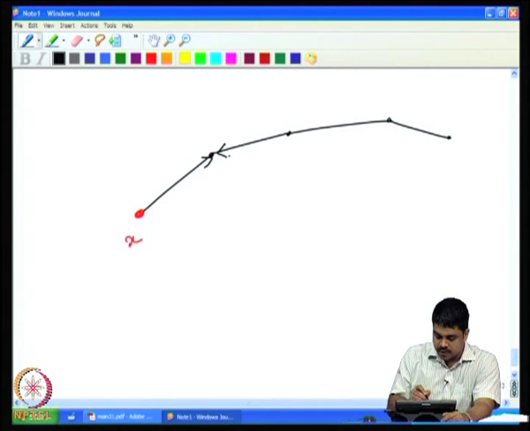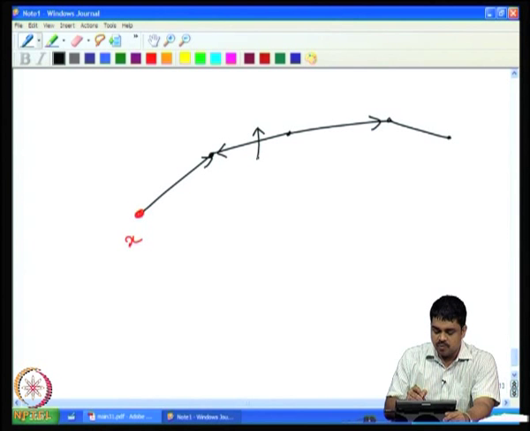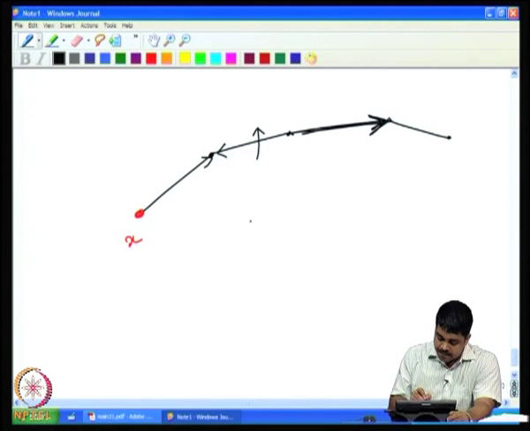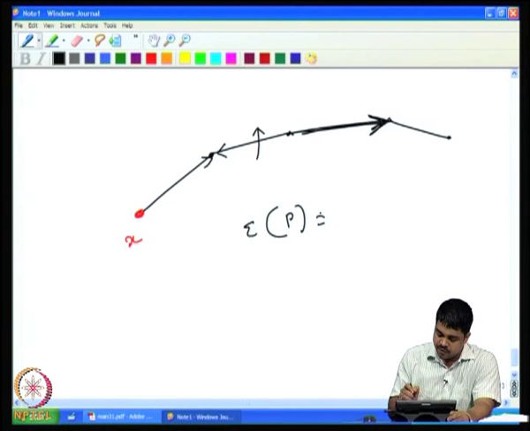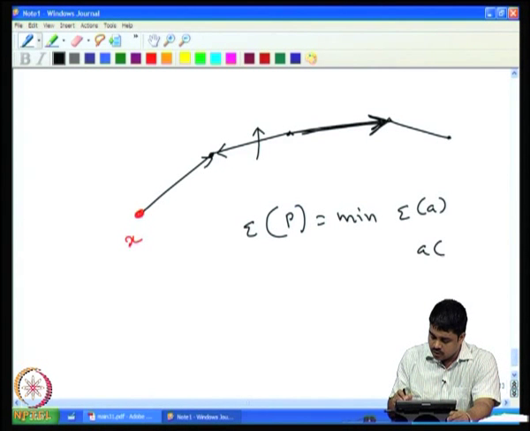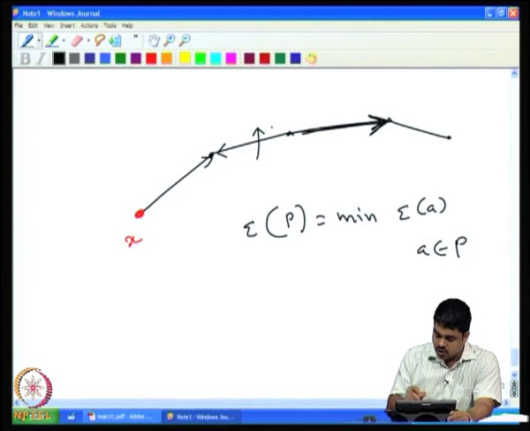If it is a backward edge, the flow value has to be a little more than 0, so that we can cancel the flow and go forward, and if it is a forward edge, it should be less than the capacity, so that we can push further. The epsilon of this particular path will be defined as the minimum of the epsilons of the edges over all the edges of the path.